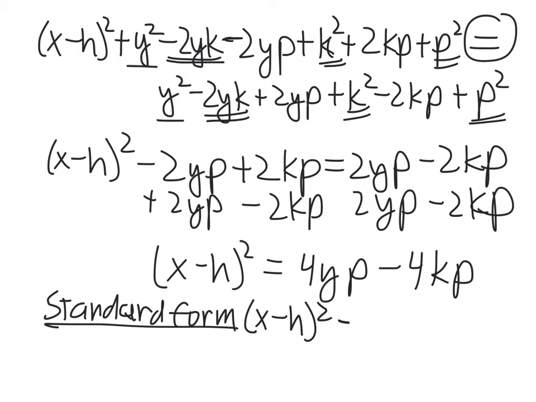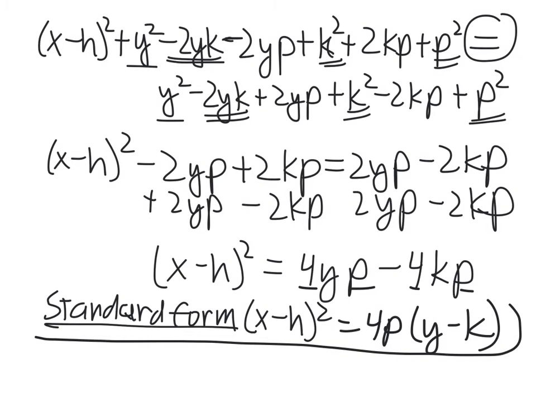If we factor out the 4 and the p, we'll have 4p times the quantity of y minus k on the right side. So this will be the standard form of our parabolas where the parabola opens up, or in case it opened down, the p value would actually be negative.